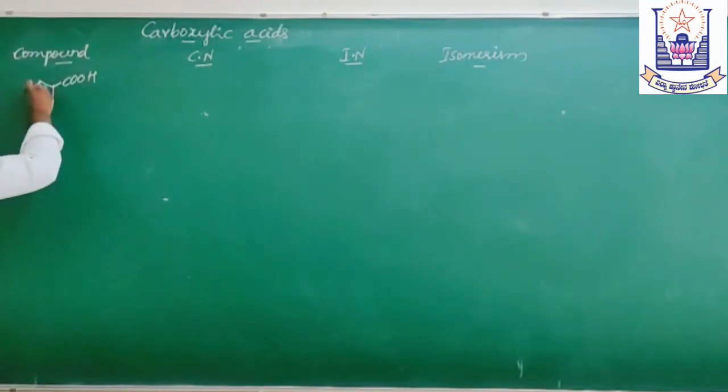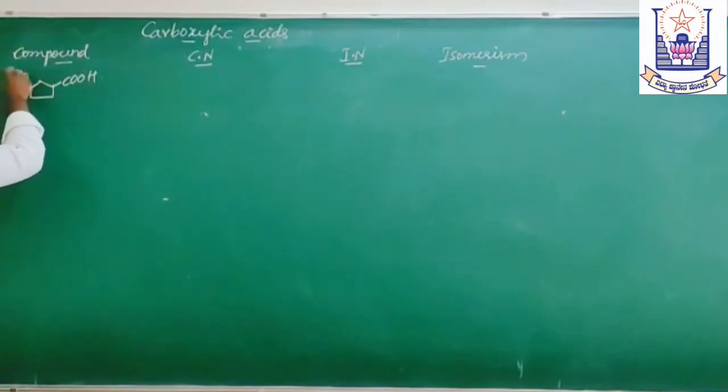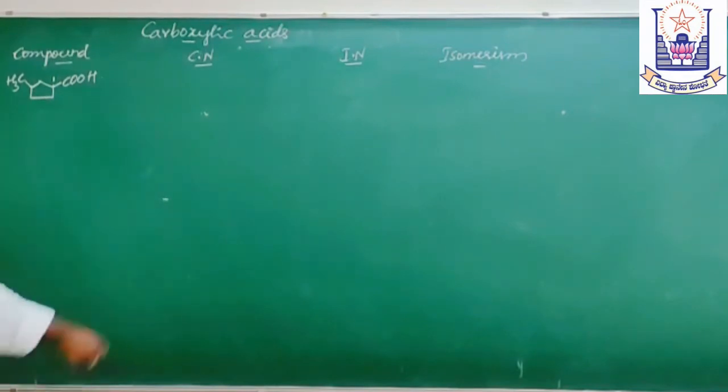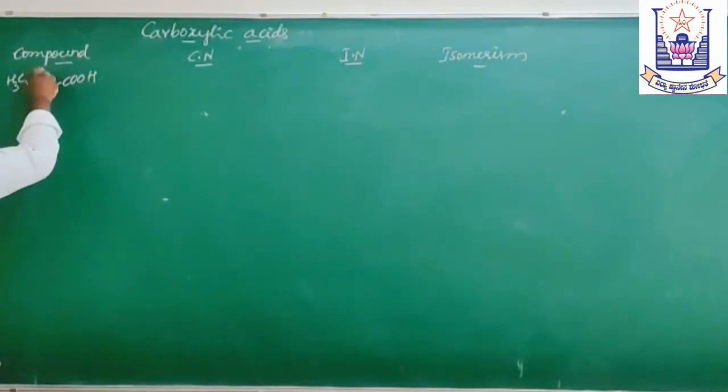If I am going to take one methyl group here, now, out of these two, which one will be preferred? The functional group. Always, the functional group containing carbon will be taken as position 1. This is 2. This is 3. Now, it will become a substituent group, and we have to give a prefix to this. Methyl, where it is present at the third position.